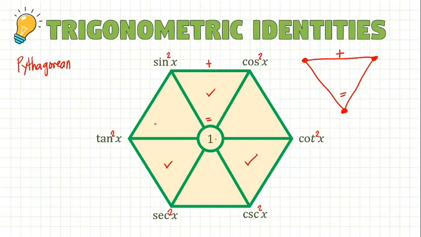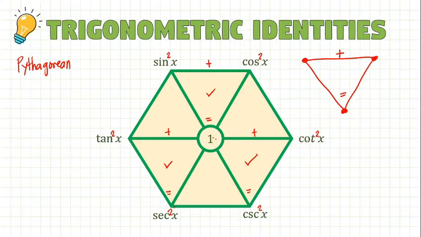Tangent square x plus 1 is equal to secant square x. 1 plus cotangent square x is equal to cosecant square x. So those are the three Pythagorean identities. So that is how you are going to use this hexagon in finding the fundamental trigonometric identities.